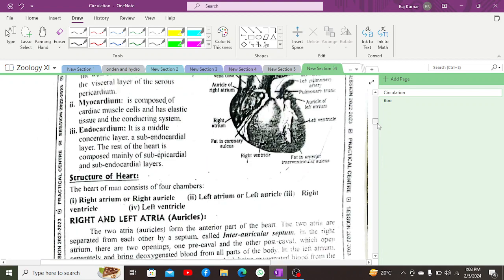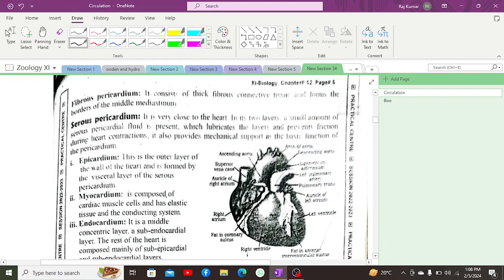The fibrous pericardium consists of thick fibrous connective tissues and forms the borders of the middle mediastinum. The serous pericardium is very close to the heart and has two layers. A small amount of serous pericardial fluid is present. It lubricates the layers and prevents friction during heart contractions. It also provides mechanical support as a basic function of the pericardium.